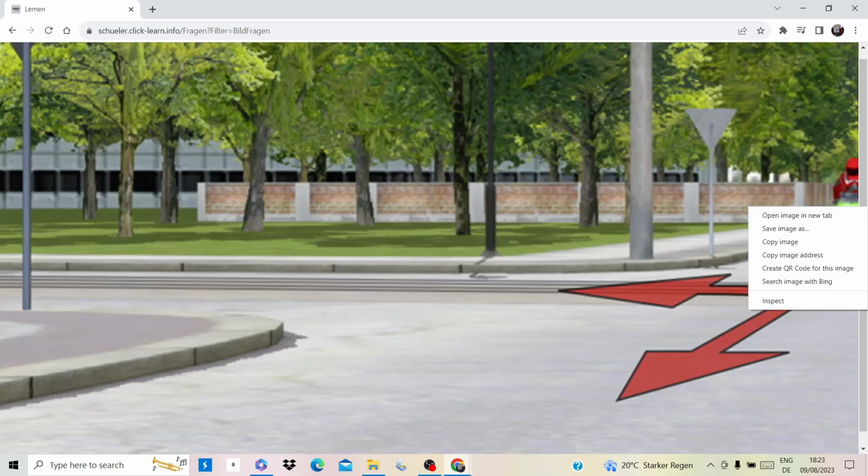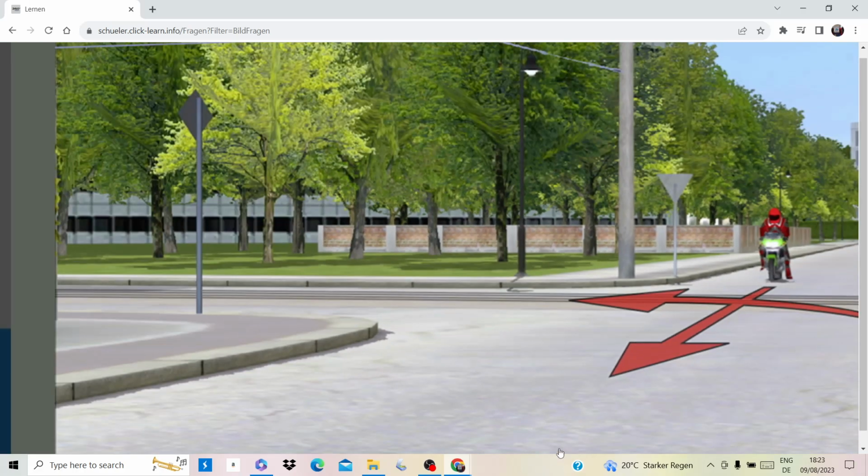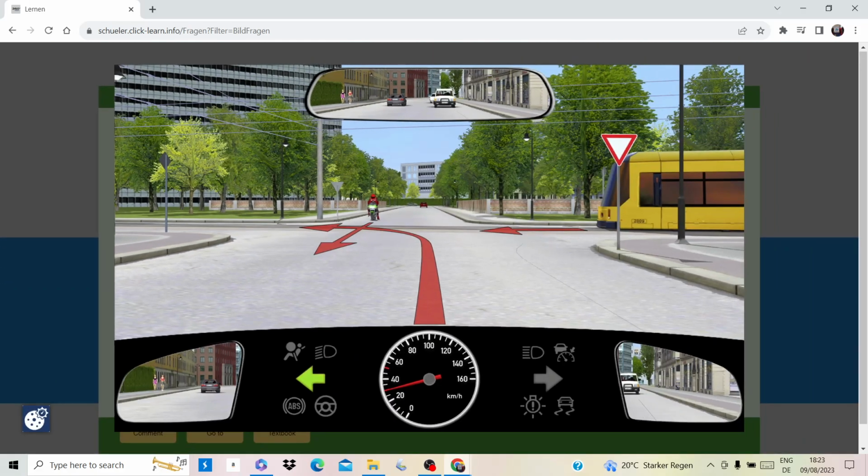You can see that right in front of the motorcyclist is also an inverted triangle. It's the same triangle that we also have here. It is the same thing that has been planted here. So it means those of us that are coming from, that is myself and the motorcyclist, we are not coming from the priority road.